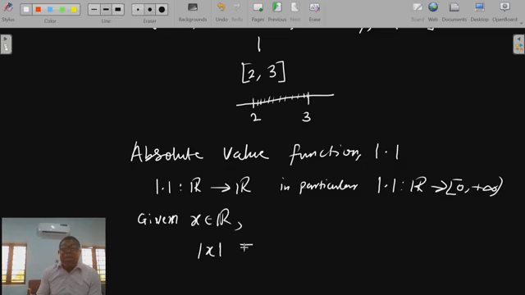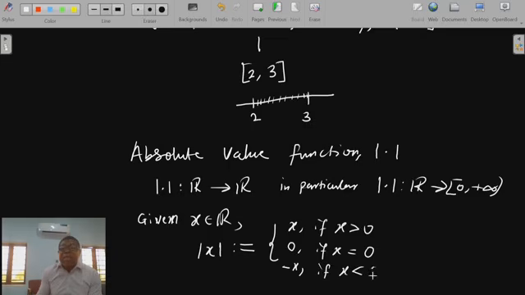The absolute value of x is defined as x if x is bigger than 0, and 0 if x is equal to 0, and would be minus x if x is less than 0.